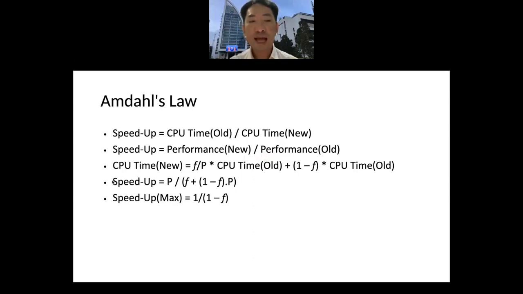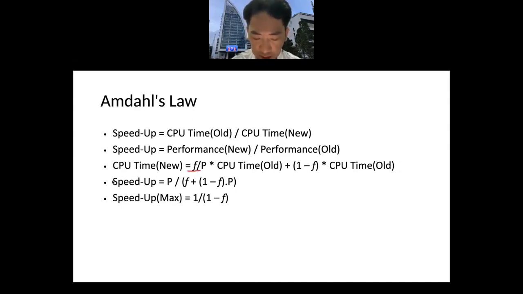But the thing is, how can we calculate the CPU time of the new system if we know only the factor of the improvement and the percentage of class A? Let's look at the third formula here. Don't forget that F is the fraction of the improved part, for example class A is F%. And P is the improvement factor, and we know that P is greater than 1.